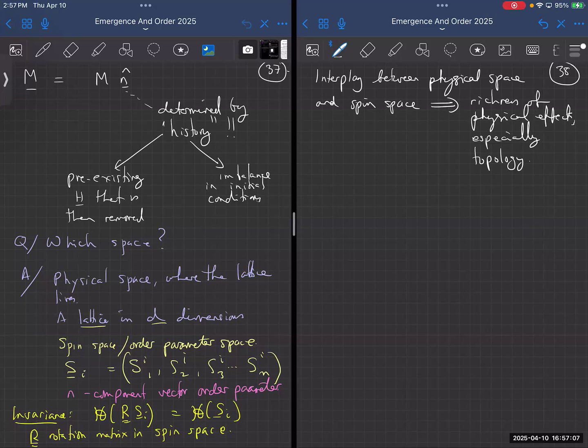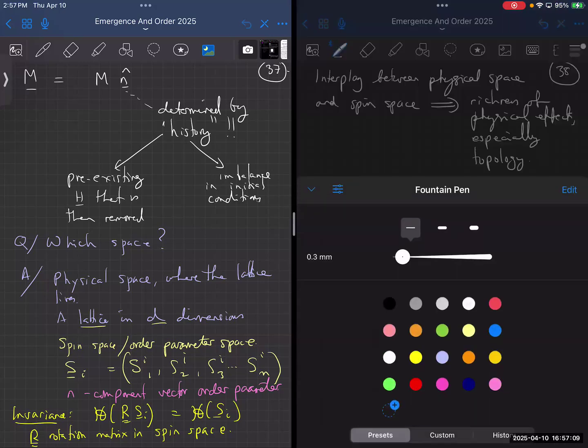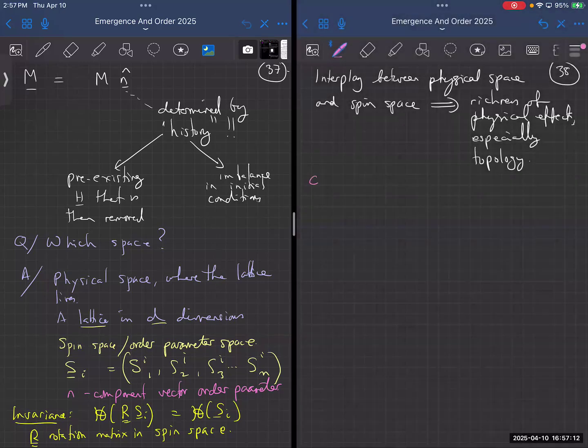So let's just do a quick pop-up quiz. So here's a question. Let's suppose that we apply an external magnetic field to a system with a rotation symmetry.